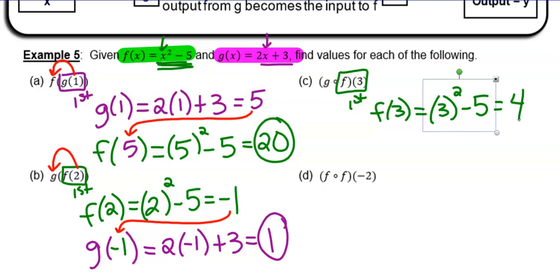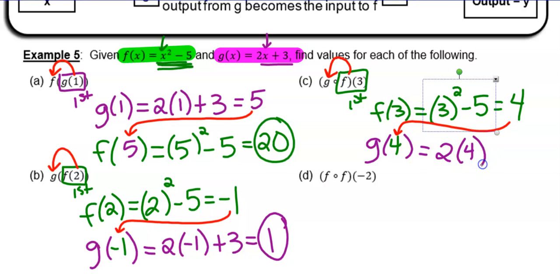Then that answer gets put into the other function, which is g. So then we're going to go to the pink function, g of 4, equals 2 times 4 plus 3. That gives you 11, and that is your final answer.